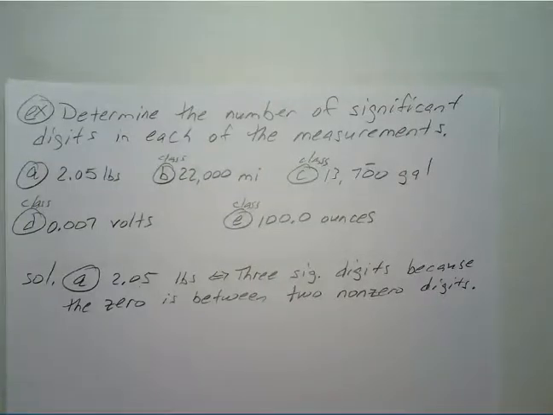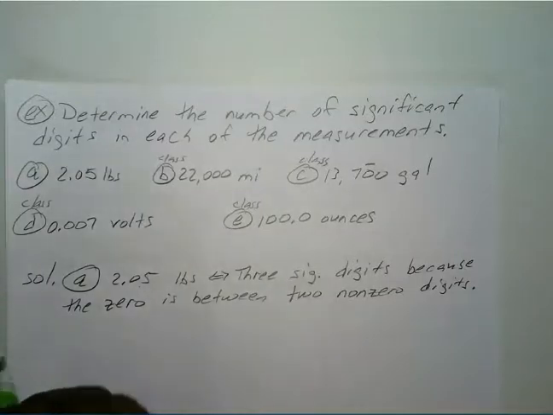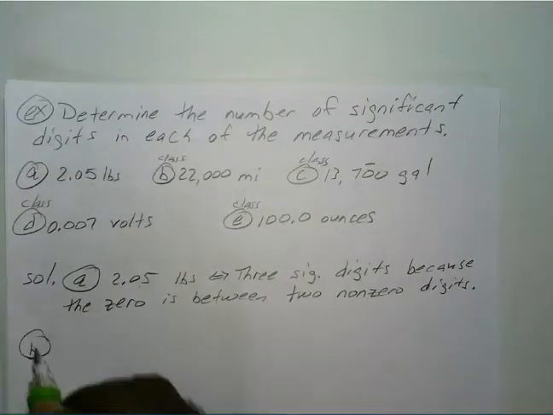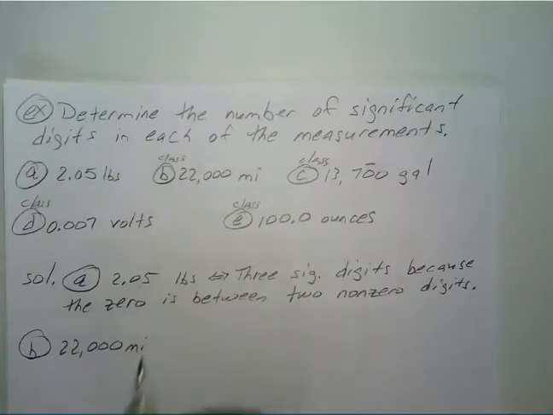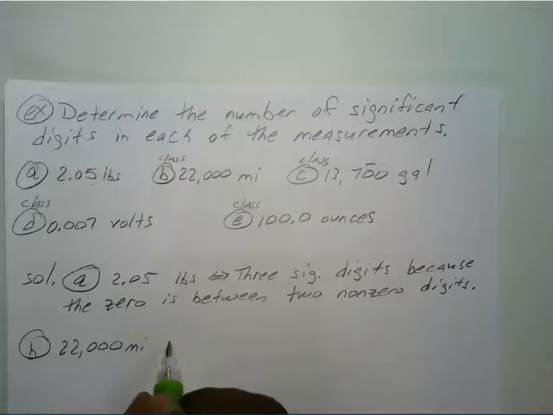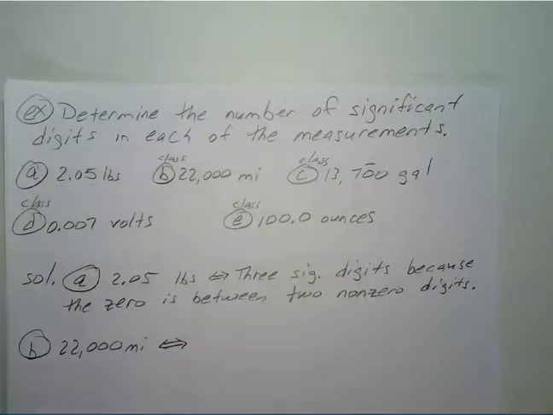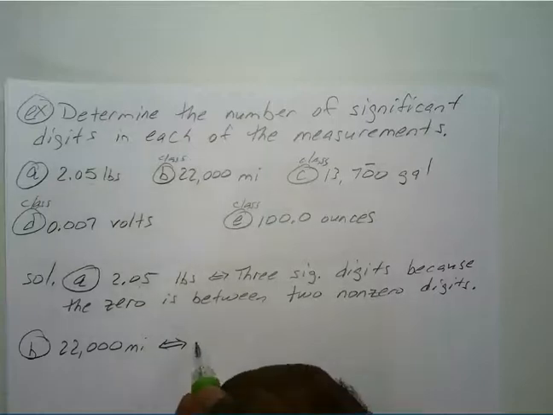All right, so I'm assuming you've paused it and you've solved B through E. So let's go ahead and verify those. Okay, so let's look at problem B. We have 22,000 miles. Okay, so we see there that 22,000 miles only has two significant digits.